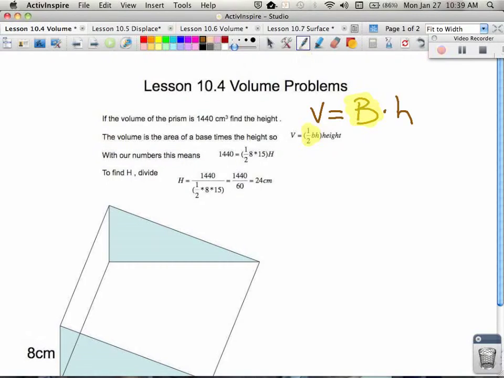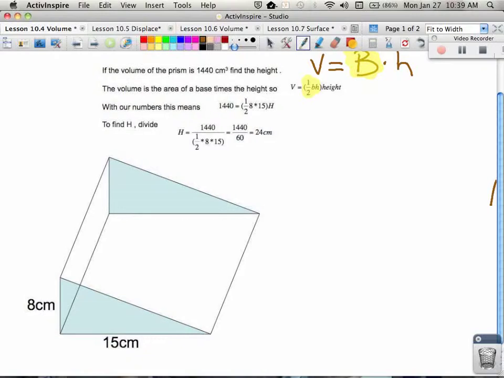Now, knowing what we have already, and from the diagram down below, I'm going to plug in some numbers. They gave me what my volume is, 1,440. That's the same as this V on the left-hand side.